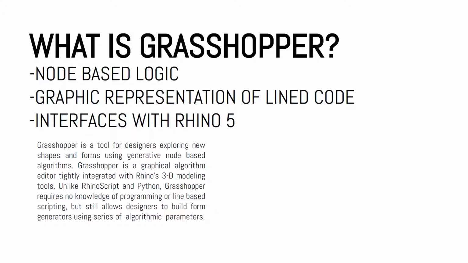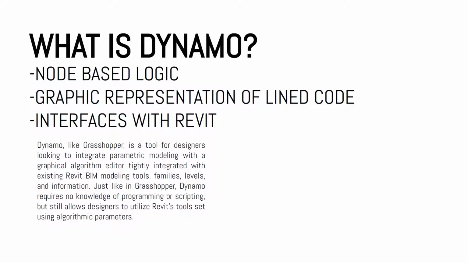Node-based coding is actually used for designers to bypass that learning curve and get to the power of scripting without learning how to code. The same goes for Dynamo. Dynamo does the same thing, but it actually taps into Revit's ability to use building information modeling, which BIM is short for. And so tapping into families, tapping into data that's stored in your models, and other powerful tools like that.